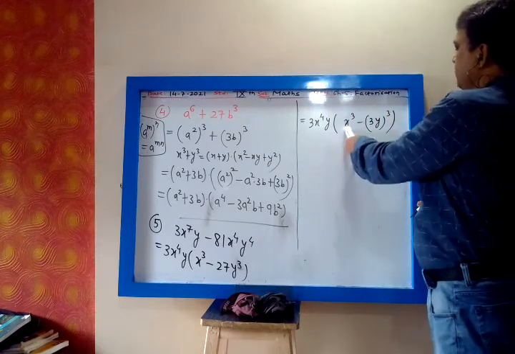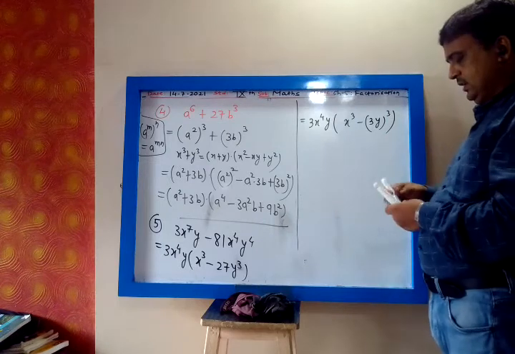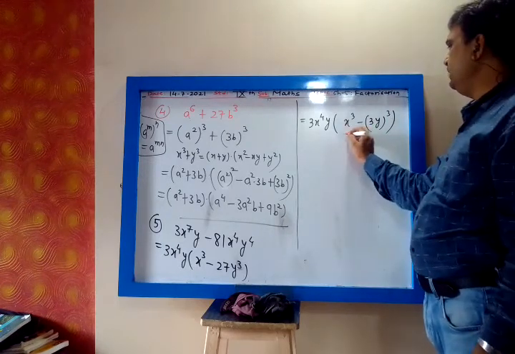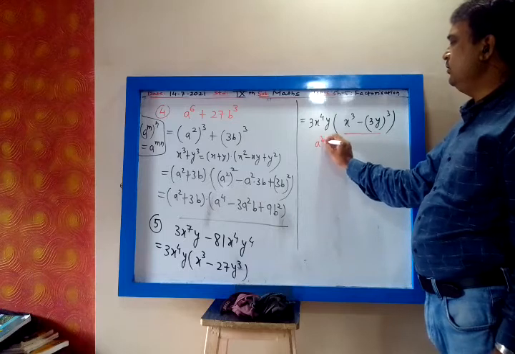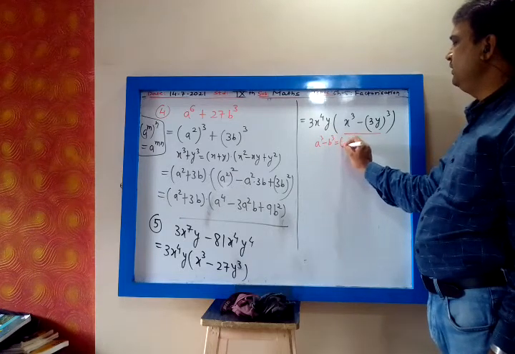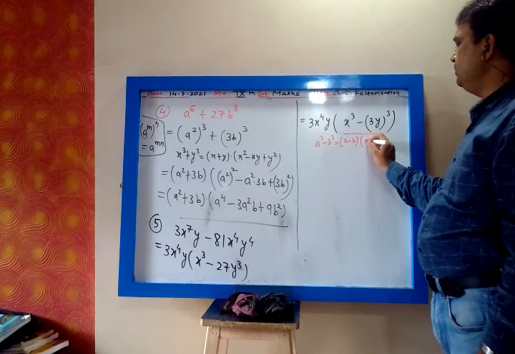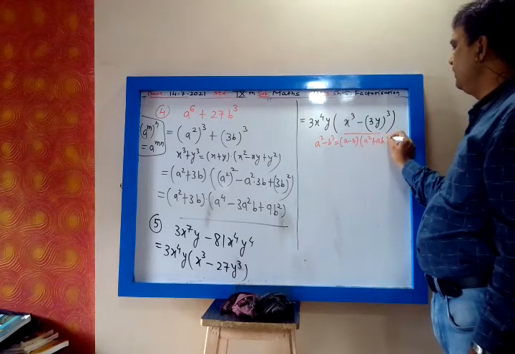Use the formula a cube minus b cube, which is a minus b into a square plus ab plus b square.